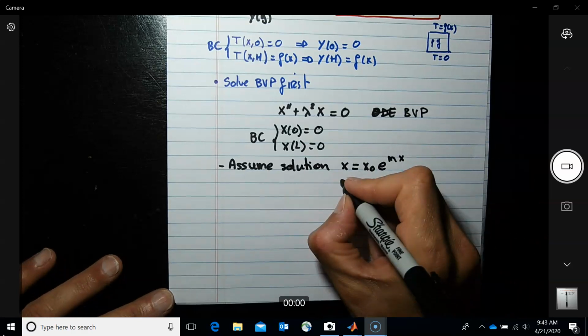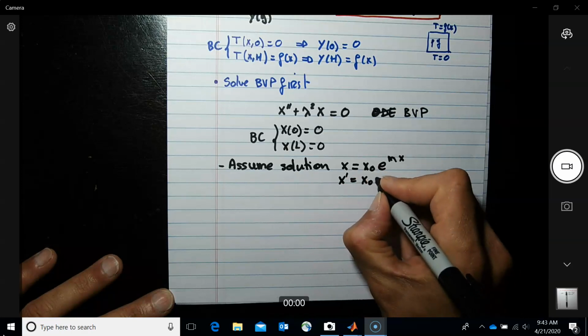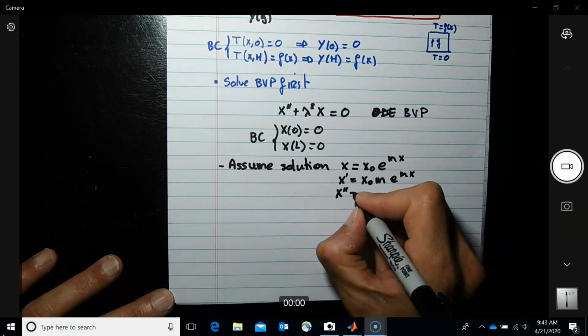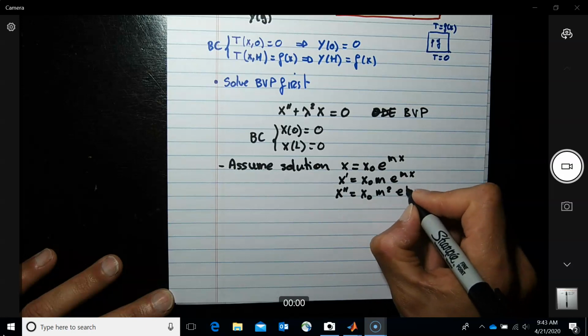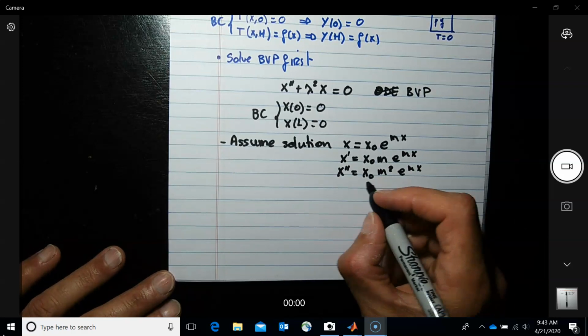So this will give us that x prime would be equal to x sub naught m e to the mx, and x double dot equal to x sub naught, which is a constant, m squared e to the mx. So same procedure as before, always the same procedure.